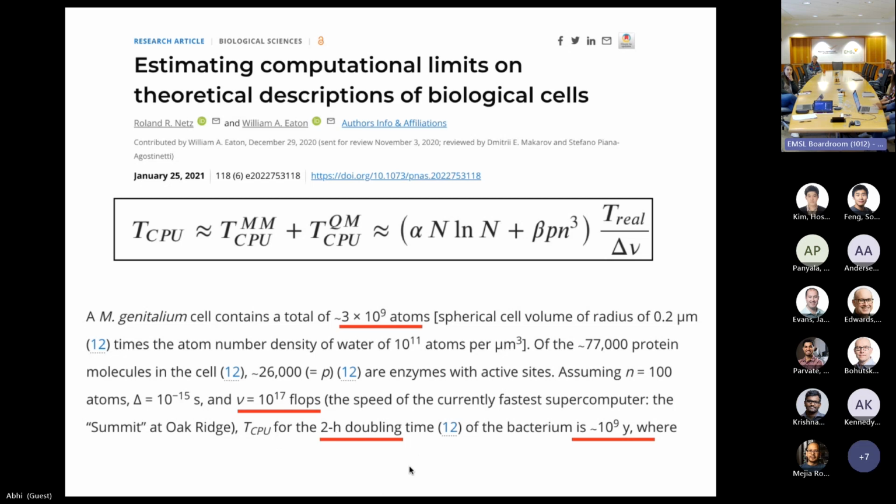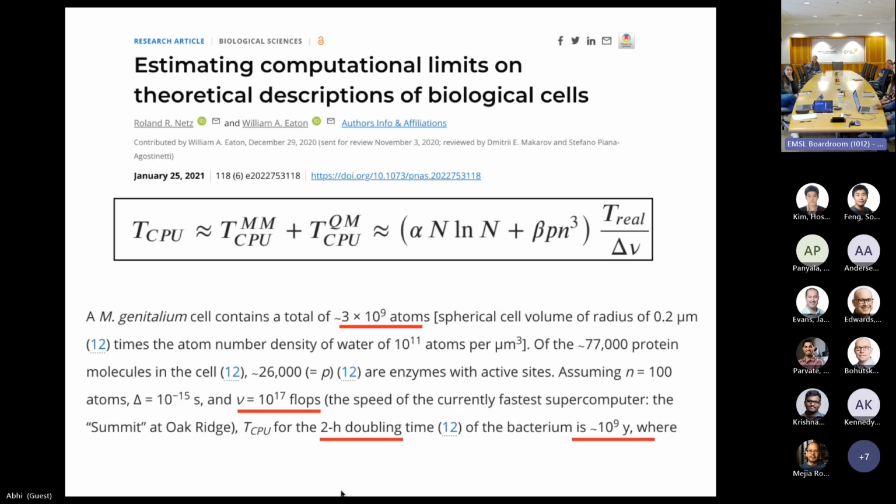I would rather be interested in an event that takes milliseconds to seconds. So from 2 hours, you lose again orders of magnitude, because one hour has 3,600 seconds. So that brings you down to 10 to the power, how much? 10 to the power 4.